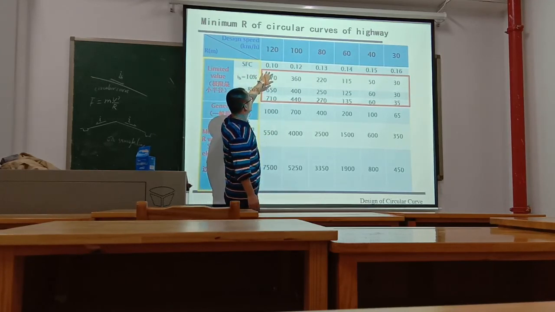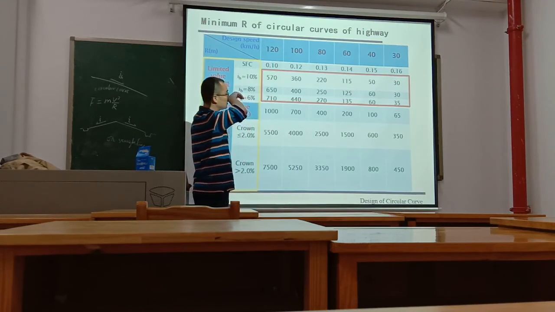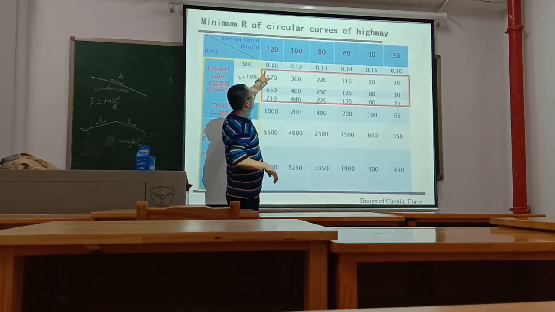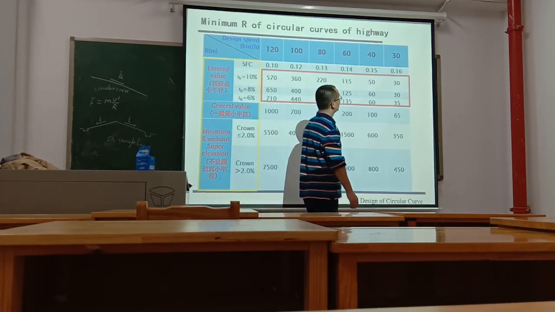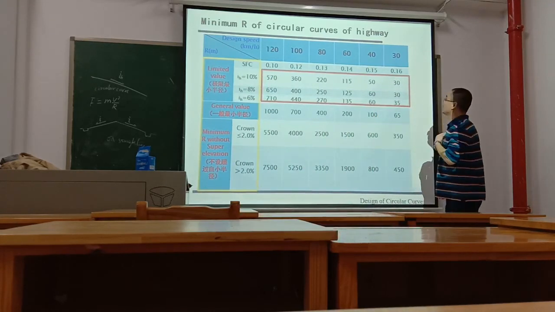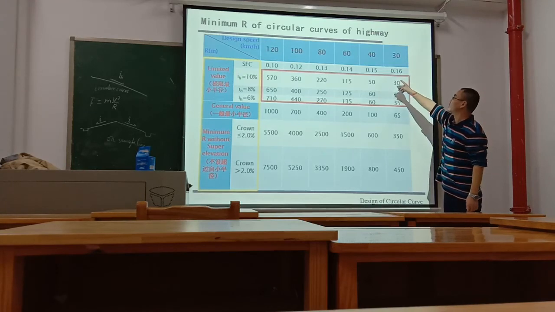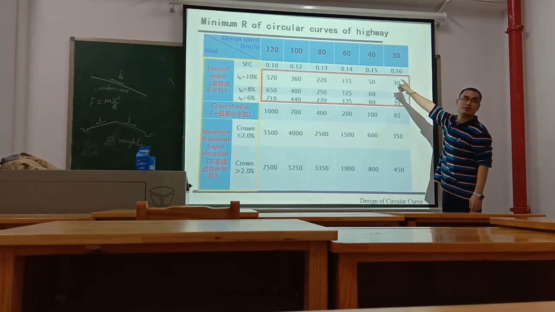When the design speed is 120 kilometers per hour, mu is equal to 0.10. When the design speed is 30 kilometers per hour, mu is 0.16.